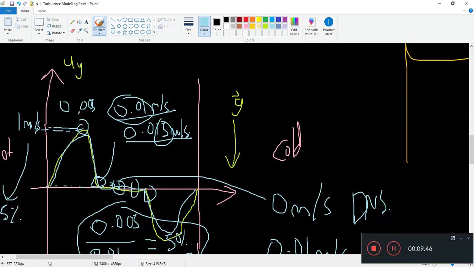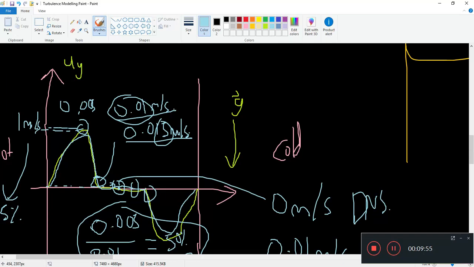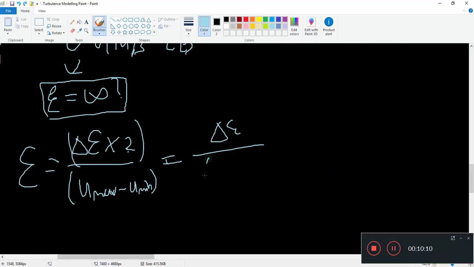So for example, if it's close to here, it will be 0.005. Then maybe you times 2 because you can scale it according to the difference between here and here, or the other way to think of it is your characteristic velocity scale will be Umax minus Umin over 2.